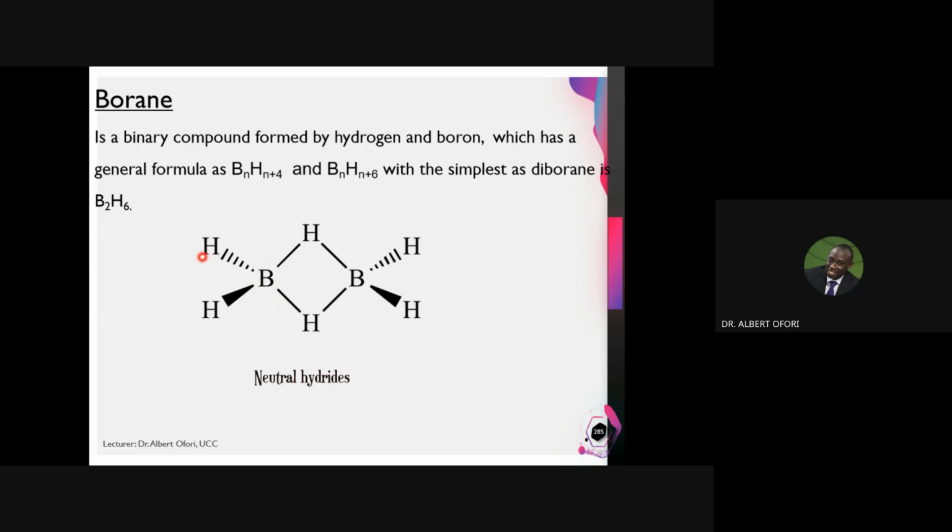Between the terminal hydrogen and boron, we can have just two electrons there, and then two electrons here. But when we stand here and look at this hydrogen, this hydrogen, this hydrogen, it means this boron is going to have three electrons bonding to three hydrogens.